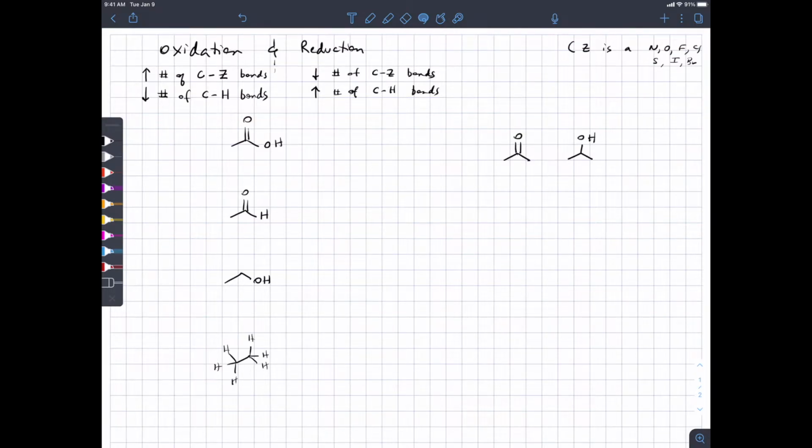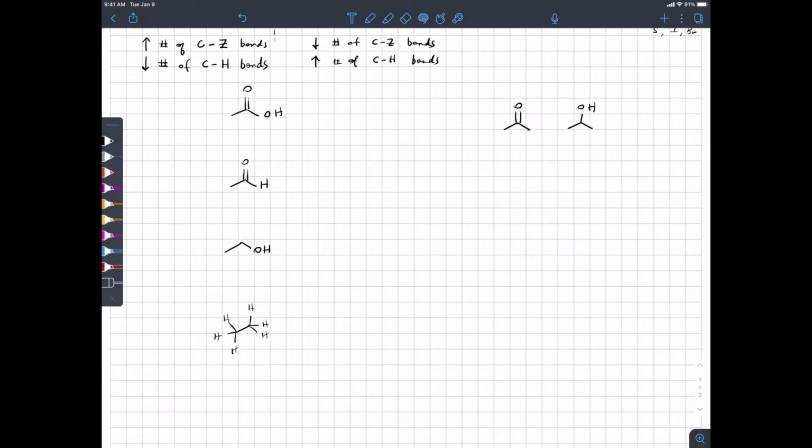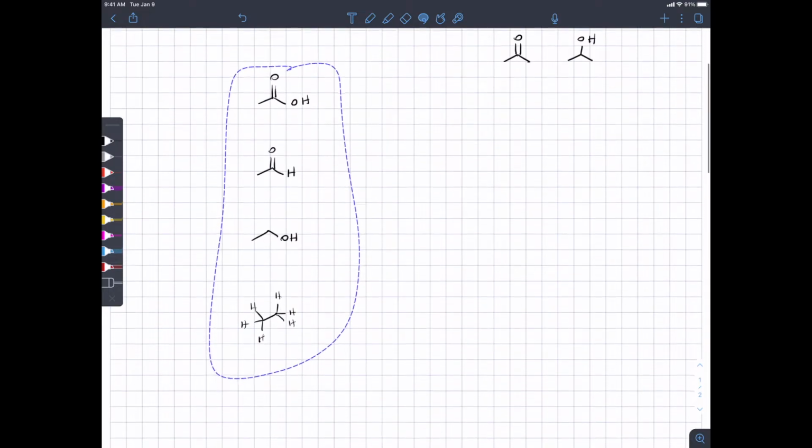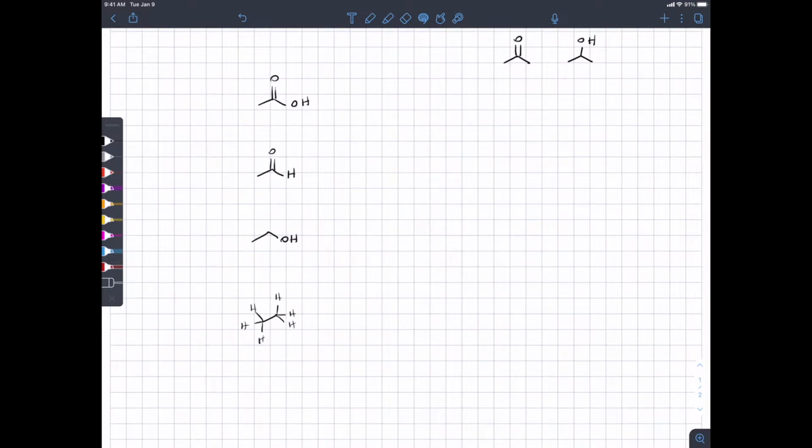So if we were ranking things in increasing oxidation state, the arrow in this direction, to go from alkane to an alcohol, or from an alcohol to an aldehyde, or an aldehyde to carboxylic acid, you would need to do oxidation.